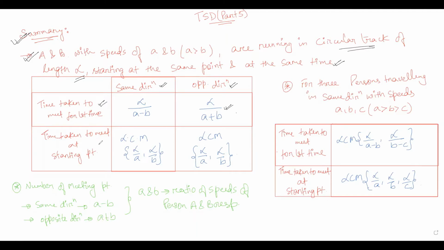And the time taken to meet at the starting point would be the LCM of L by a and L by b, and when they are traveling in the opposite direction, this time would also be the LCM of L by a and L by b.